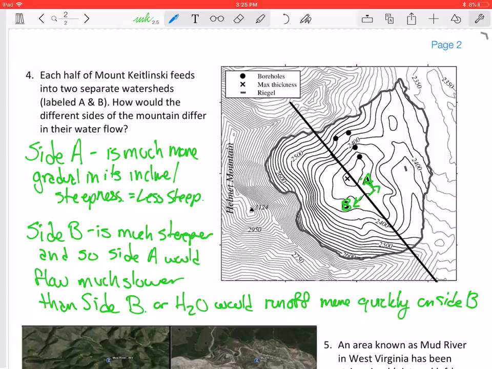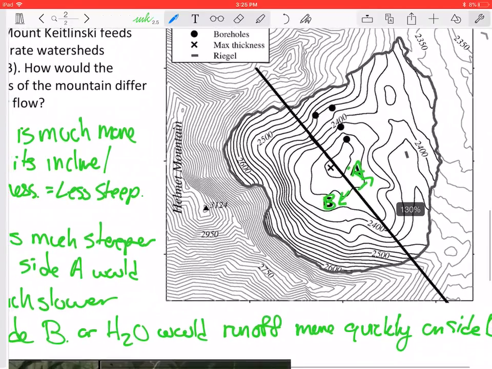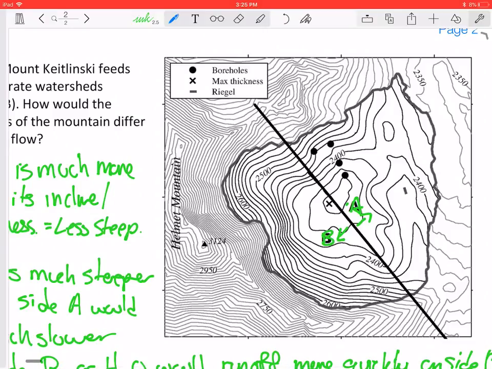Okay. Now, how we know that side B is steeper.